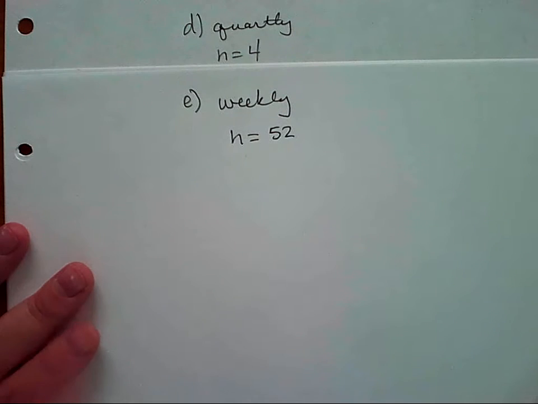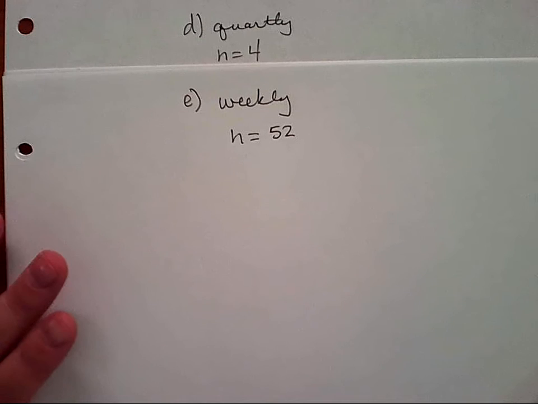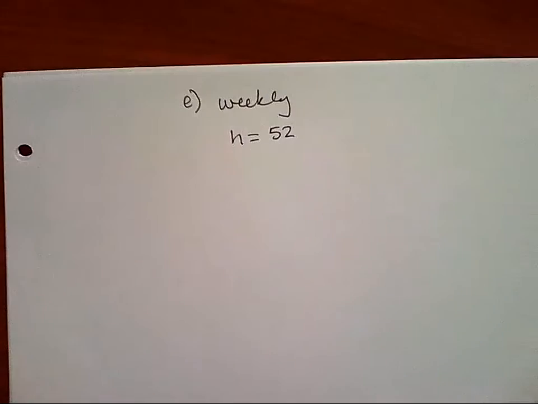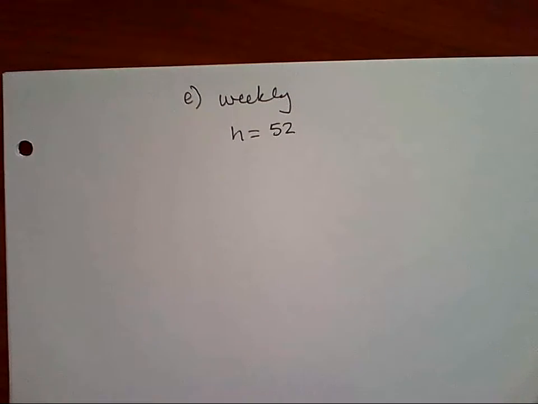Daily should be 365.25, but I'm not getting into that. We'll keep it 365, but if it's a leap year, it's 366. Let's just hope it's not a leap year. I want that money.